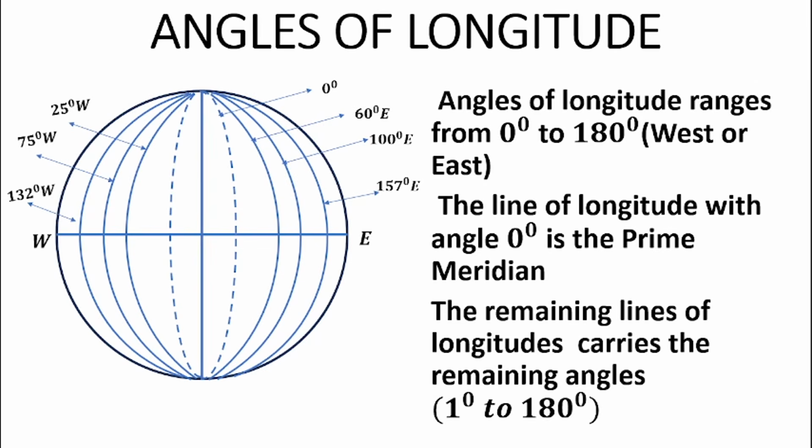The angle of longitude ranges from 0 degrees to 180 degrees, whether to the west or to the east, because the lines of longitude are located at the west and the east of the Earth's surface, and the line of longitude that carries 0 degrees is the prime meridian. These are simple facts you are meant to know and comprehend as a learner or teacher.